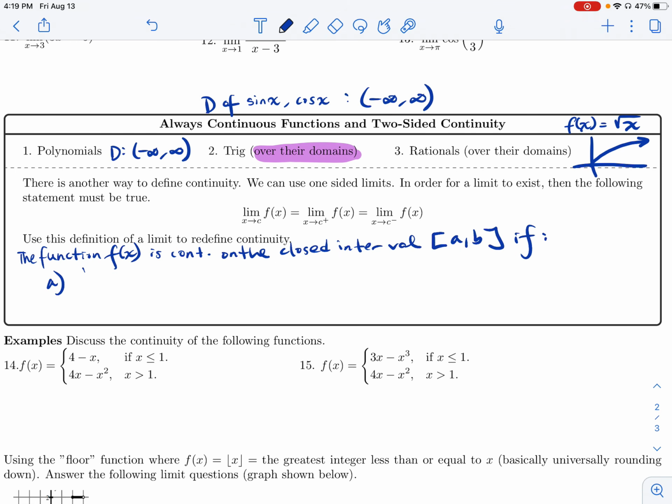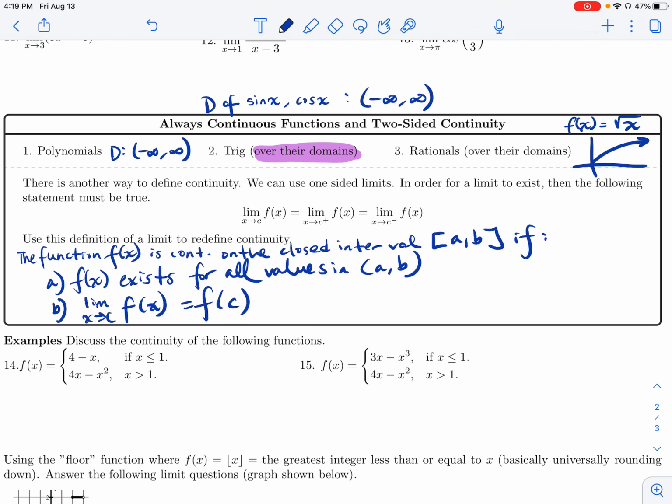One, f of x exists for all values in that open interval (a, b), and two, the limit of this function as x approaches c is equal to f of c.